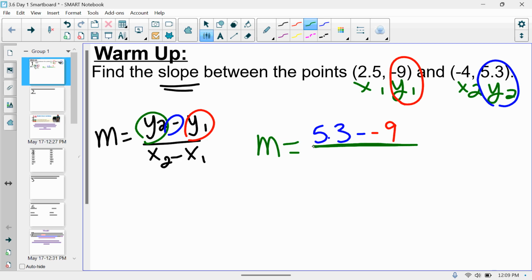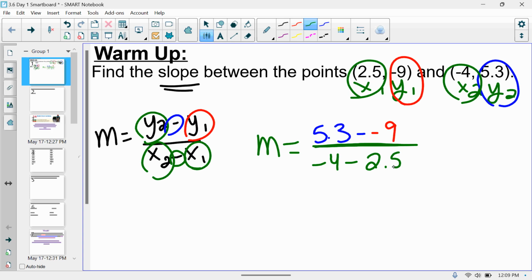It's all divided by x2, so -4 minus, the formula says, x1, which is 2.5. Now, again, if you had called this point 1 and this point 2, that's okay, but that means you would have these flip-flopped, but you would also have these flip-flopped. So you would end up getting the same answer. We'll talk about why in a second.